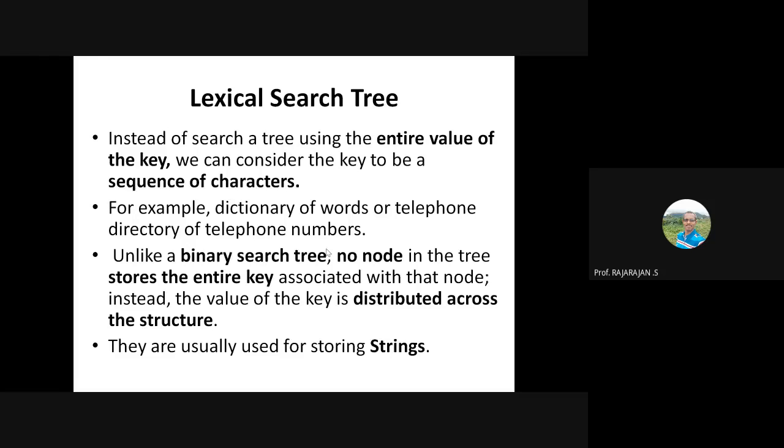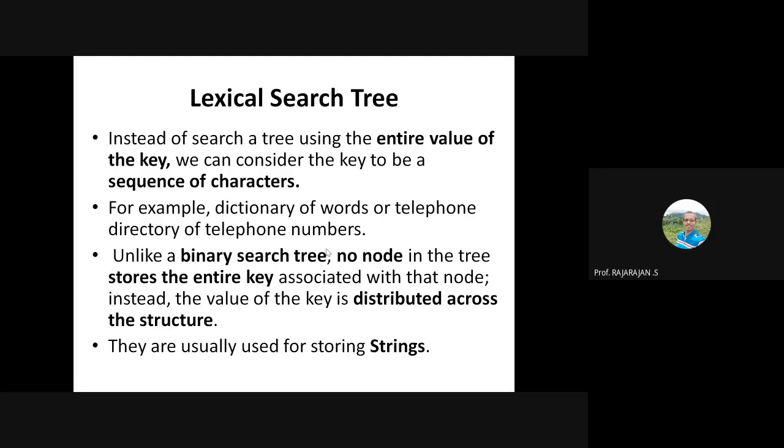After that, when I type the second letter, it's even narrowed down. So it's now going to be only words that have A followed by C as possibilities. Finally, when I type the last character, I would have reached the actual word. But if that word is not in the dictionary, then the search will be unsuccessful. So this is the basic characteristic of a dictionary.